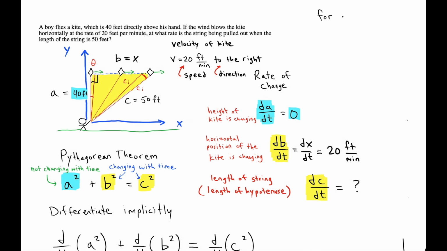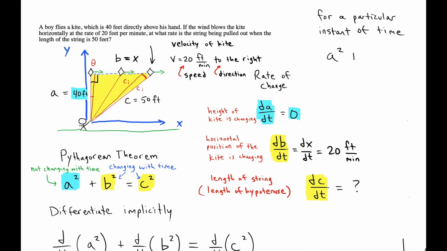And this is for a particular instant of time. The Pythagorean theorem always holds at all times. But there's one value of B at a particular instant of time shown right here when the kite is in that location. And we need to find out what that value of B is.